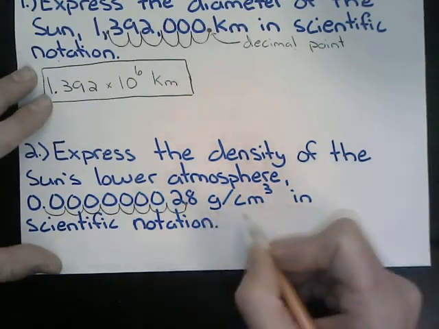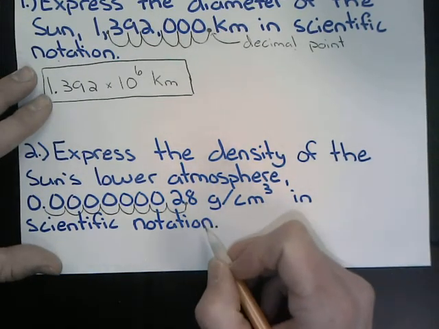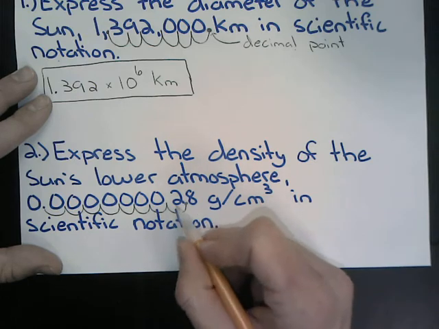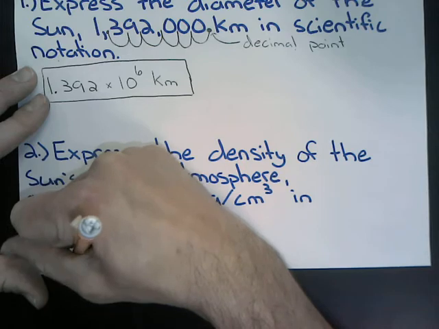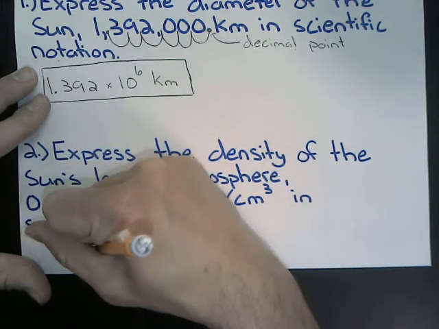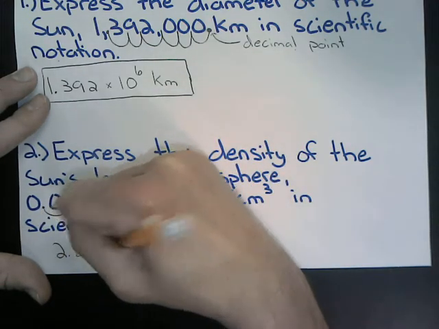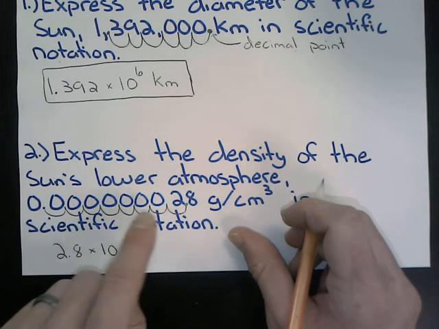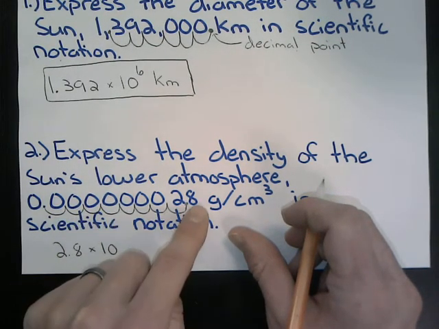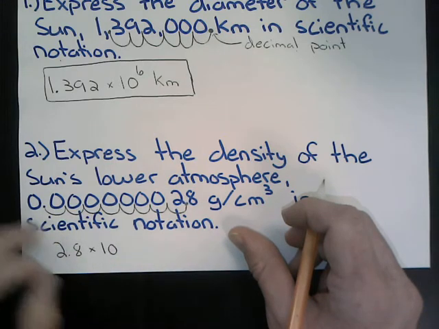Now, all we need to do is write down all the digits that are non-zero, starting with this 2. So we would have 2.8 times 10, and it would be a negative power because we moved from the left to the right, and that negative power is your number of humps.